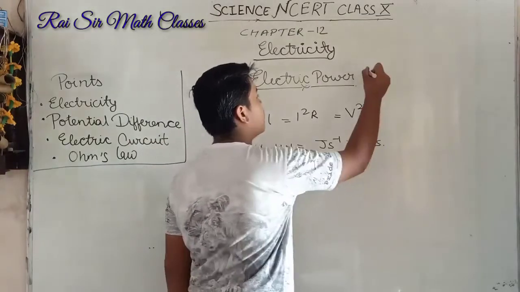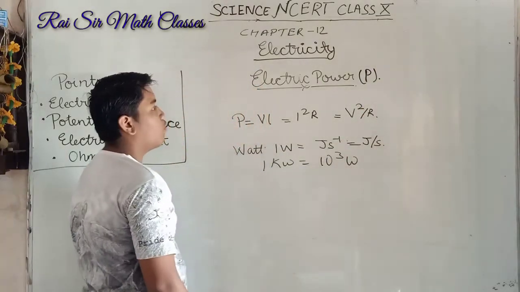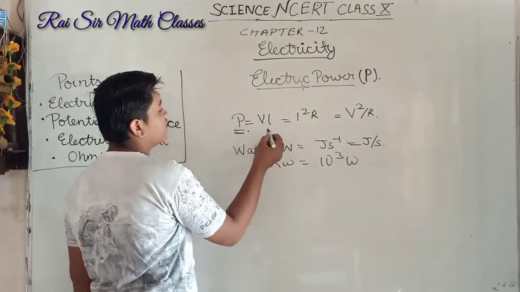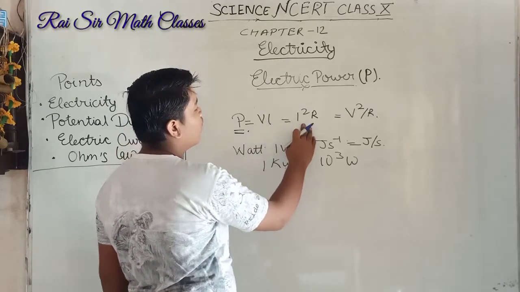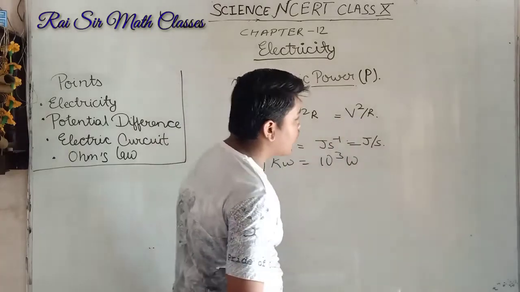We represent electric power with the variable P. So what are the formulas to find electric power? P is equal to VI, or it is equal to I square R, or it is equal to V square upon R.